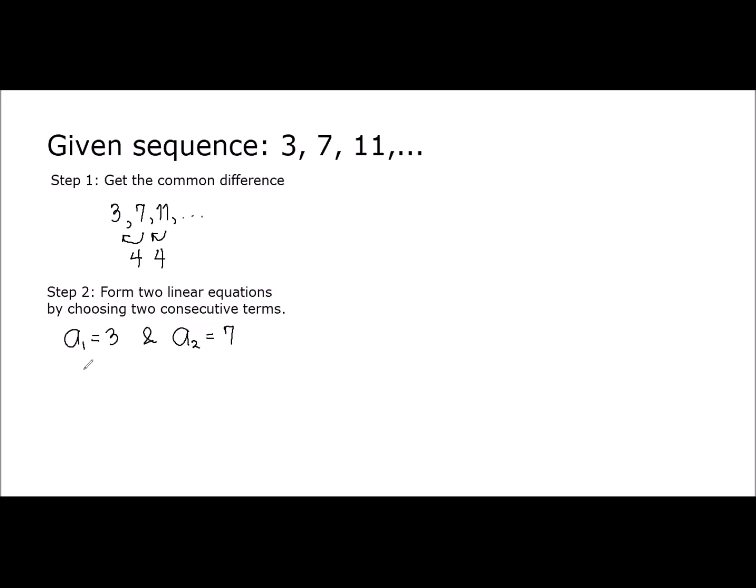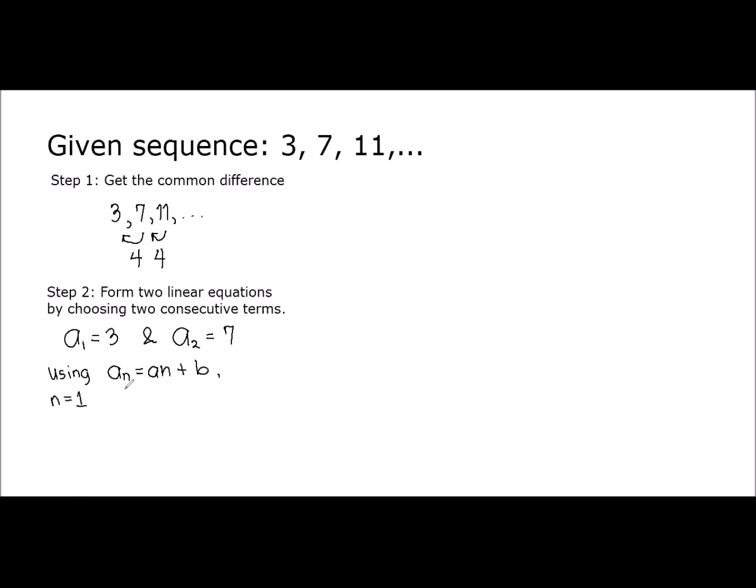And always remember that having the first term, the value of n is 1, and having the second term, the value of n is 2. For the linear equation, this is always the formula. We need to use a sub n is equal to a times n plus b. So a sub n is different from a times n. So be careful on writing your symbols.